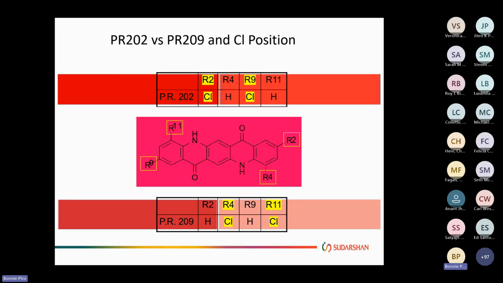So here's a comparison of the Red 202 and the Red 209. And again, it's just the positioning of those chlorine substitutions that makes all the difference in terms of how chromatic the red color is, as well as how strong the actual pigment is.